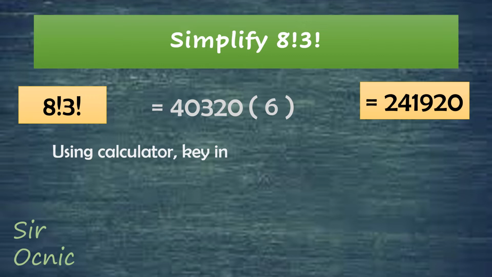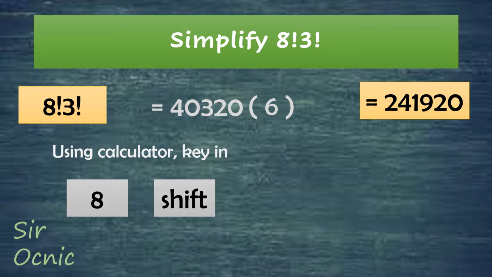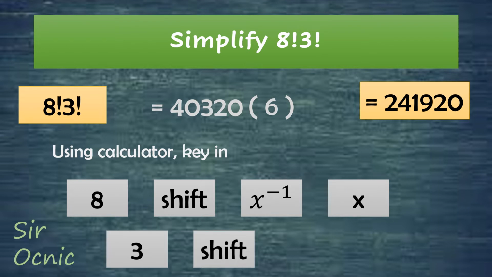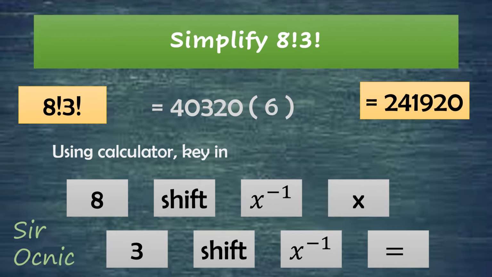If you're going to use calculator, you key in 8, shift, x raised to negative 1 times 3, shift, x raised to negative 1, and then the equal sign. You will also get 241,920.